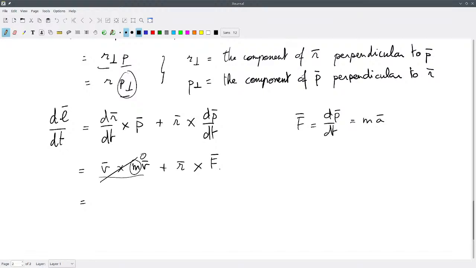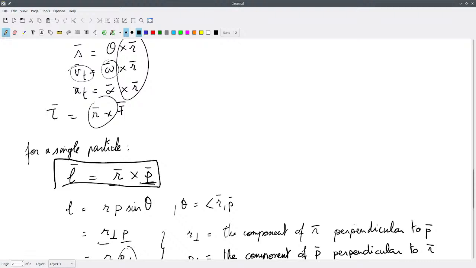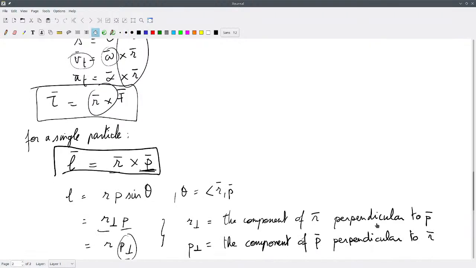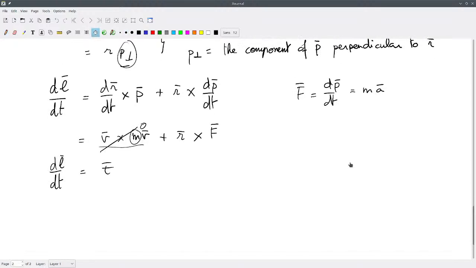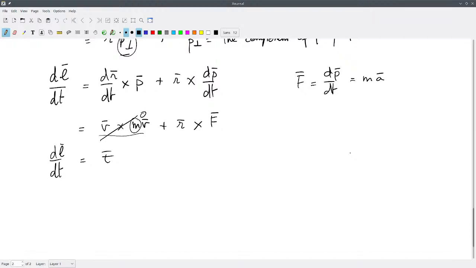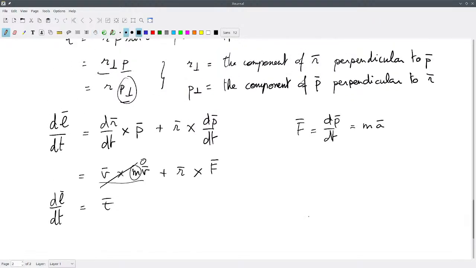But remember what r cross F was. We actually wrote it here as well. That's the torque. So r cross F is the torque. So dL dt, the time derivative of the angular momentum, is equal to the torque. I should probably be a little bit more specific here. If we wrote our Newton's second law here, this was actually the total force.